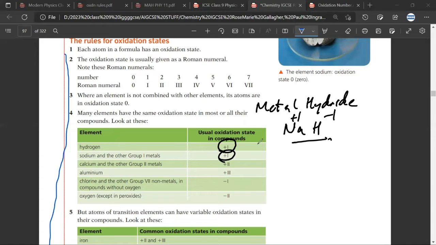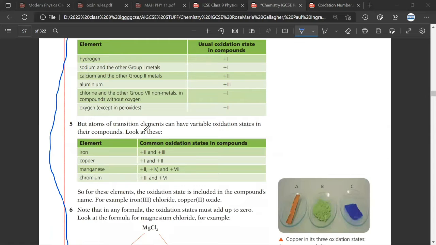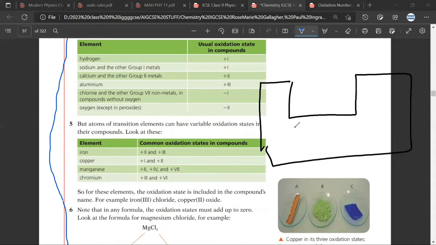Is it making sense? Yes, sir. Then there are transition elements. When you look at a periodic table, these are called the transition elements. These transition elements have what is called variable oxidation states. Is it making sense? Yes, sir.